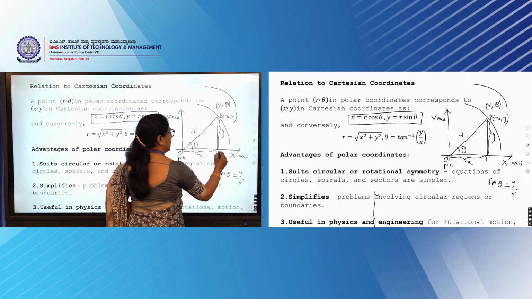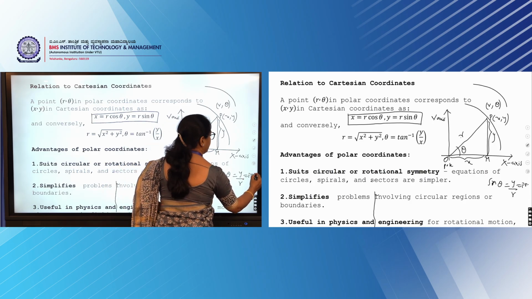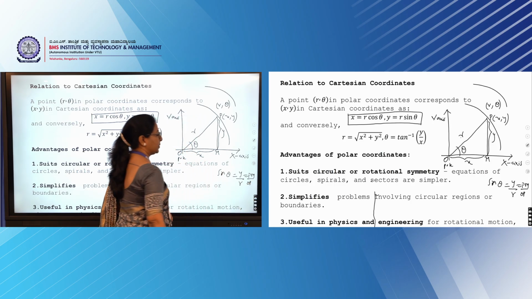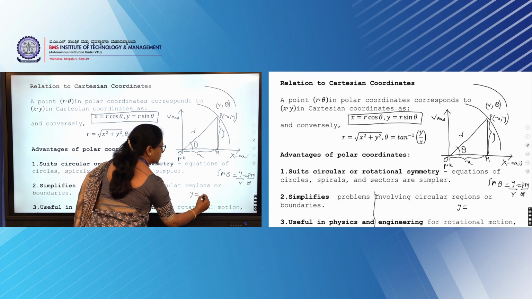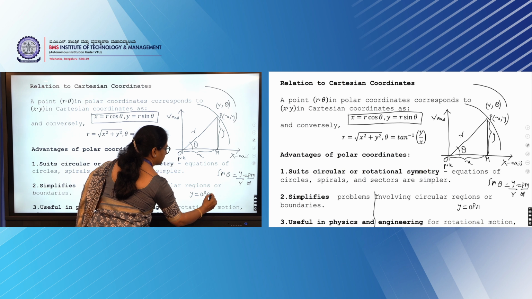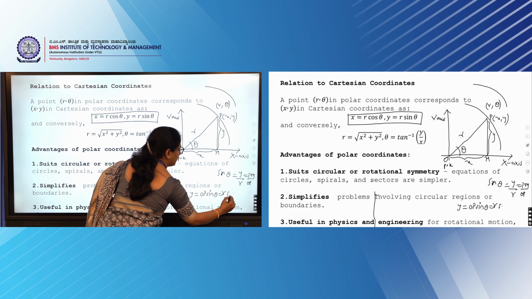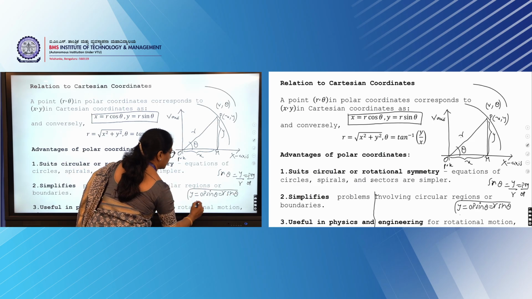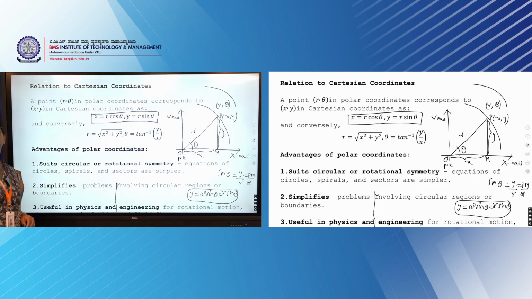If I take it as M, that is nothing but PM upon OP. So from this we get y is equal to OP sin theta, that is nothing but r sin theta, isn't it? And that is what we have here, y is equal to r sin theta.